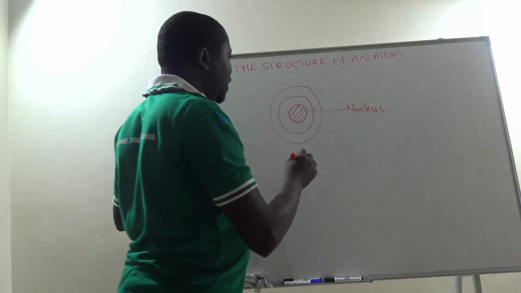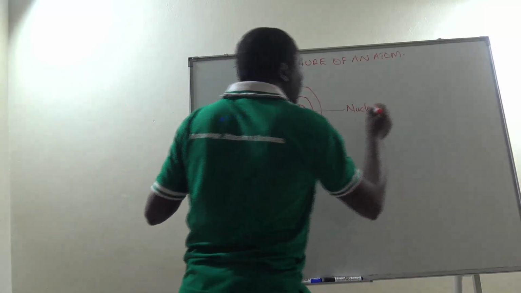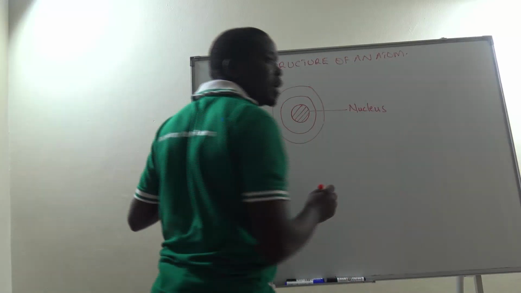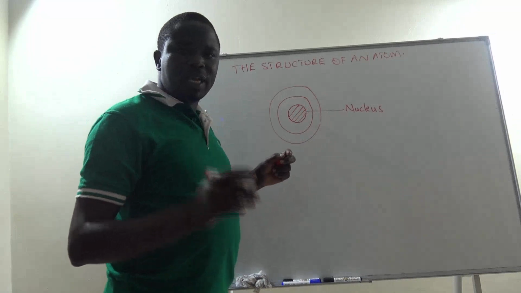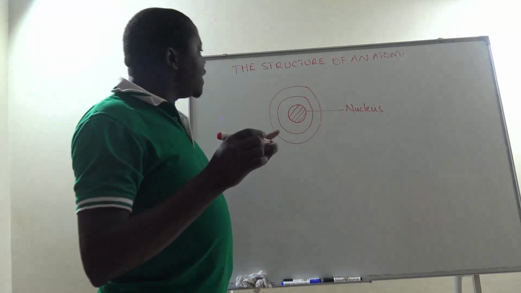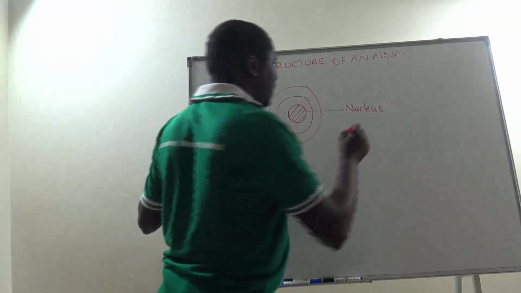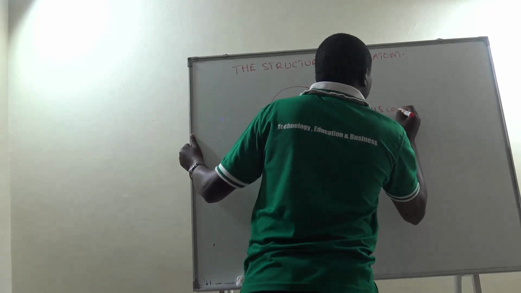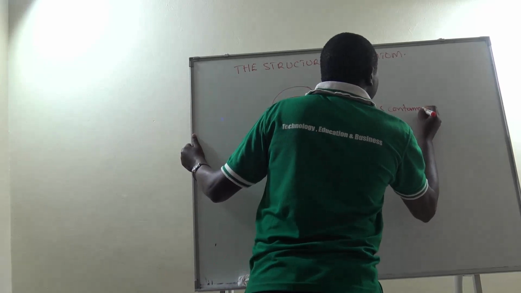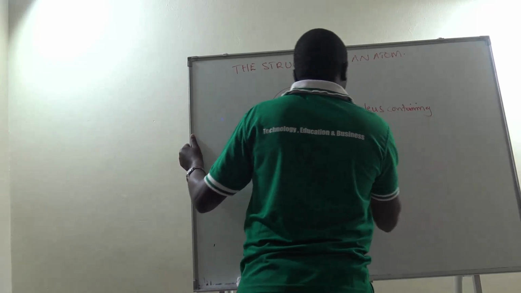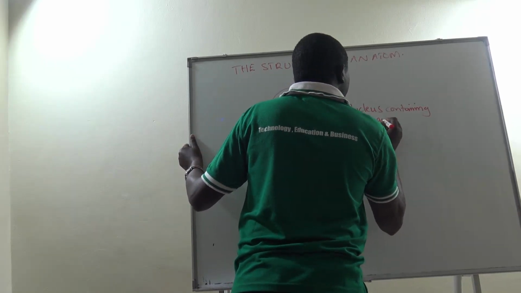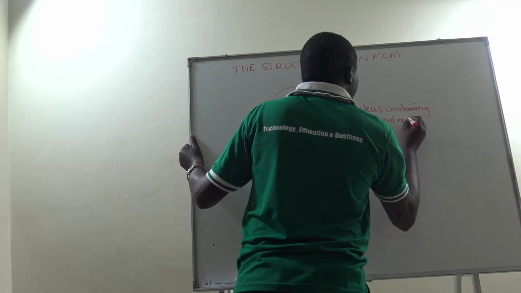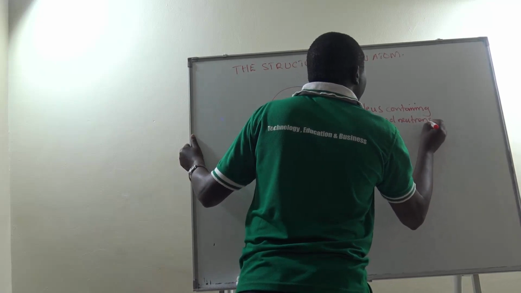Inside the nucleus, we have got some particles. Those particles, we call them the subatomic particles, the particles found in an atom of an element. So the nucleus contains protons, and then we also have what we call neutrons.